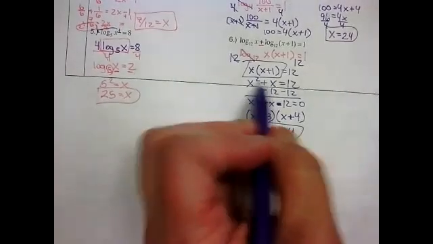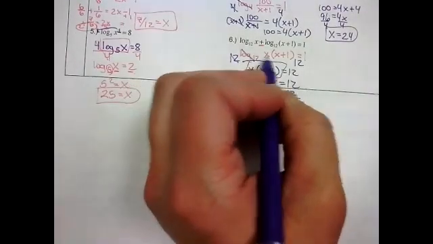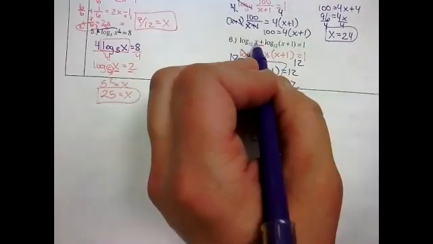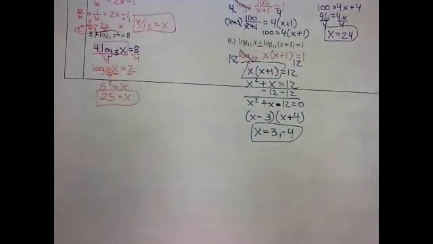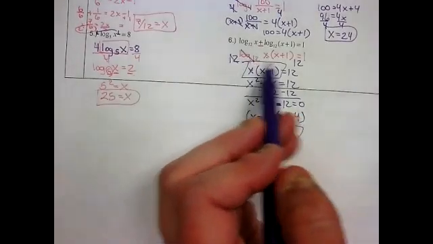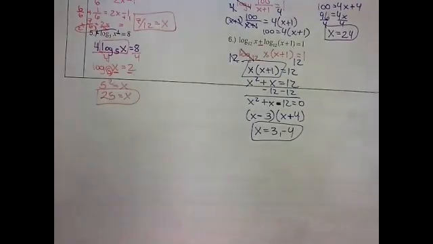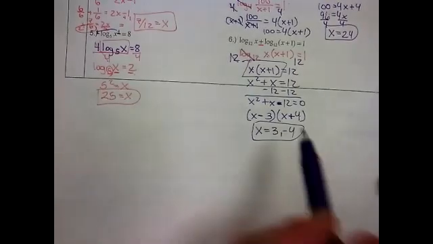So if this was just log of x, and nothing else with it, then that negative 4 would not work. But because it is with something else, then it's okay. But remember, our domain for just x by itself, or for log, is greater than 0. So make sure that you keep that in mind when you're solving these.